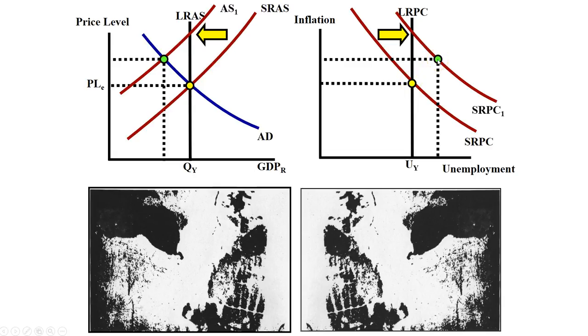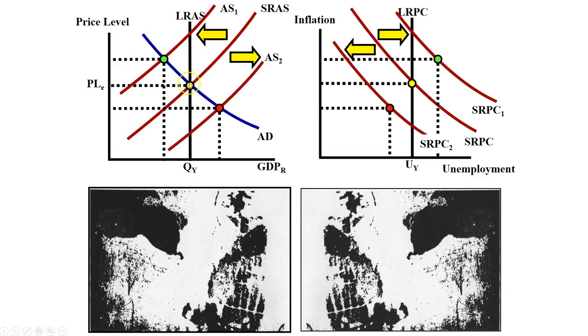So you've got a new Phillips curve, a new place that is to the right of your long-run Phillips curve. Same deal, if aggregate supply shifts to the right and creates an inflationary gap, your short-run Phillips curve is going to move to the left and create a recessionary situation on that graph as well.